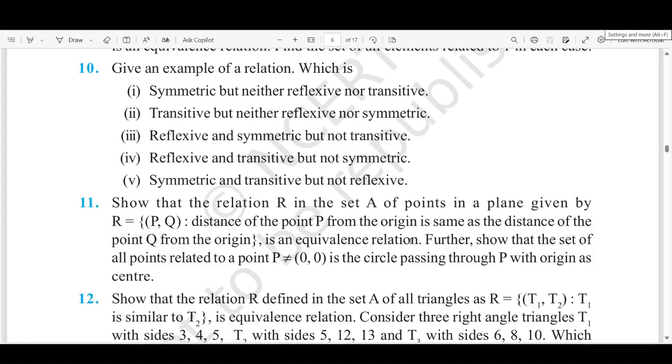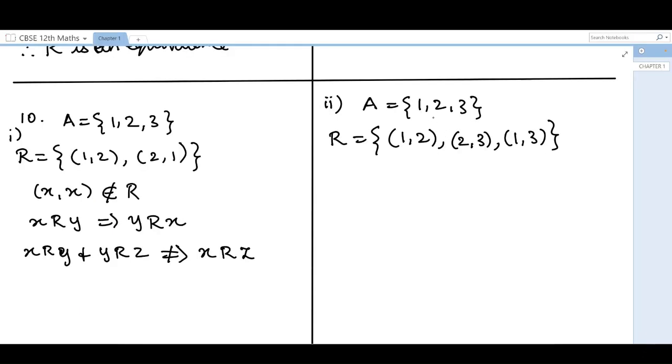Second one, transitive but neither reflexive nor symmetric. Here we don't have any element which is related to itself, that is 1, 1, 2, 2, 3, 3 is not there. Therefore, x is not related to itself. Thus, this relation R is not reflexive. When you take two elements, say 1, 2, such that x is related to y, then we have to prove y is related to x, but we don't have 2, 1.